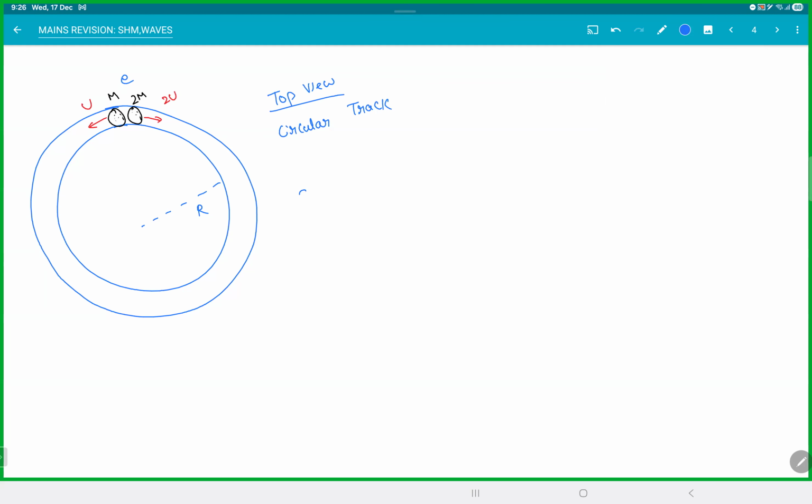Find the time interval between 100th and the 101st collision. So since E is not equal to 1, they will collide and they'll slow down, slow down, slow down. Time interval between 100th and 101st collision. But this is not a periodic motion. More of a collisions question.